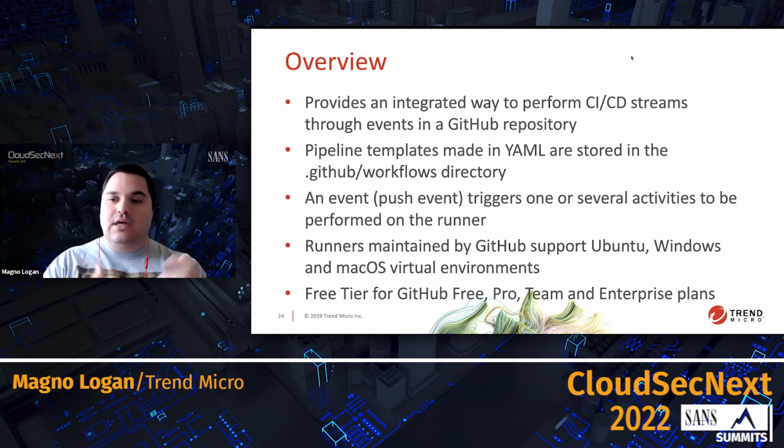You can build your binaries, generate your Docker images, perform automated testing, scanning, source code reviews, and all kinds of stuff. So for me, it was very interesting and convenient when I learned about GitHub Actions.